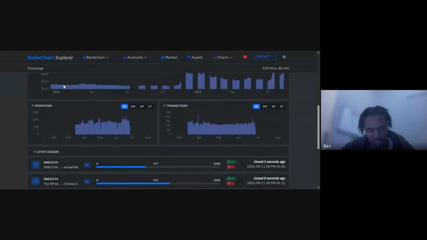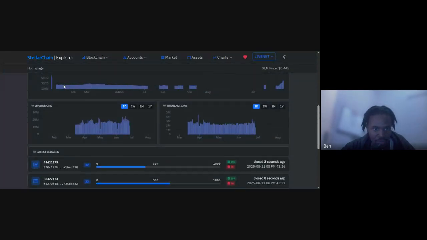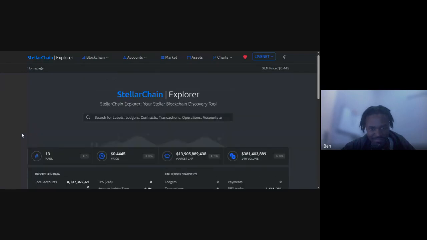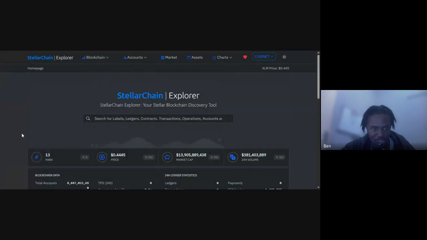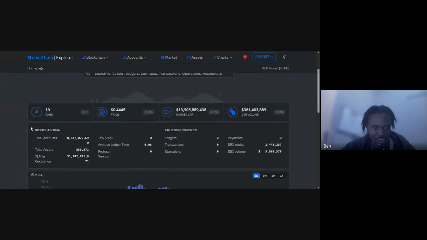This is something you can also build on your own. Just for interest's sake, based on what you know so far, let's say you're a developer and you want to build something like this. What will you use?